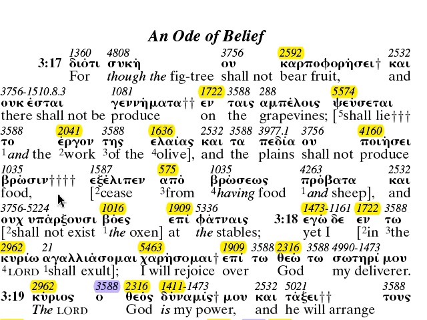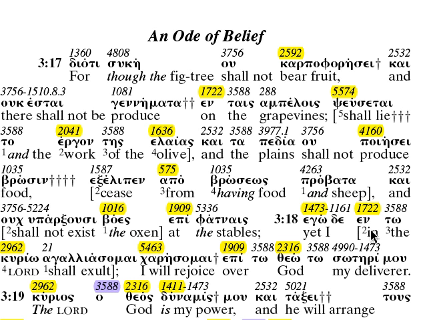Even though all these things should happen, the grapevine should stop, and the olive, and the plains for food, the wheat, the fig tree, and sheep cease from having food, and the oxen, voes, we have beef as a derivative, the oxen shall not exist at the stables.